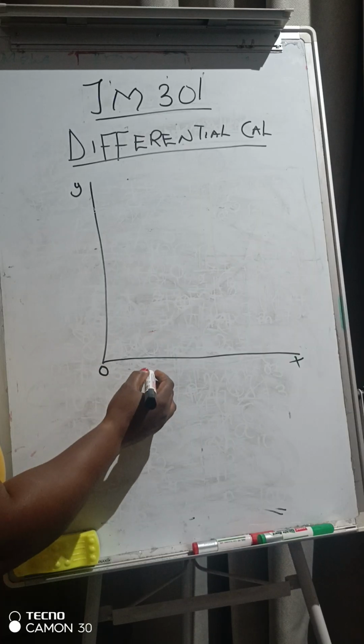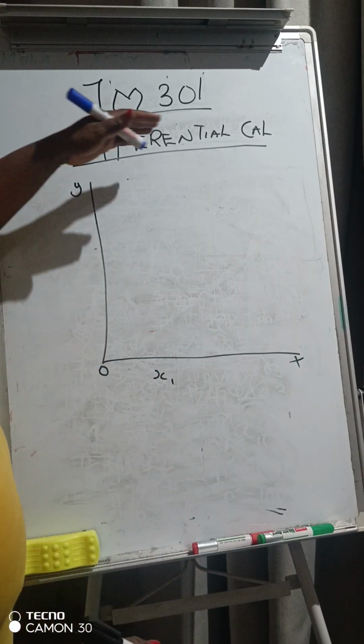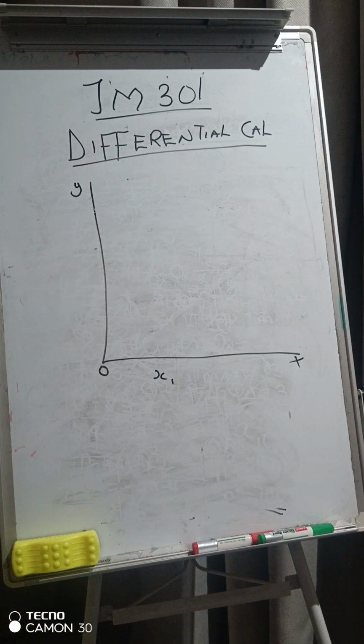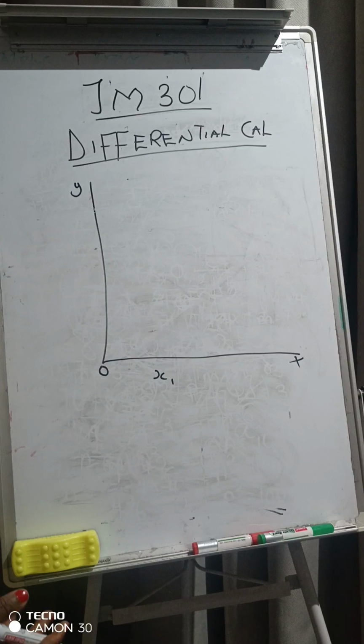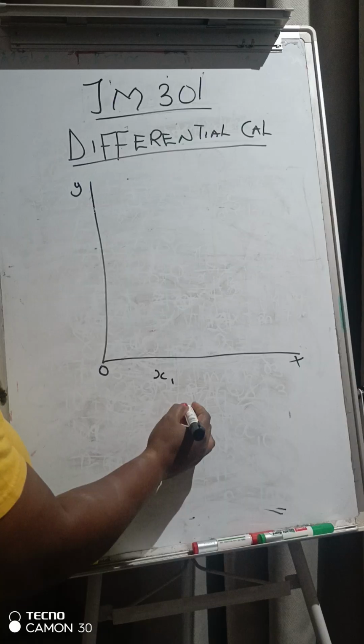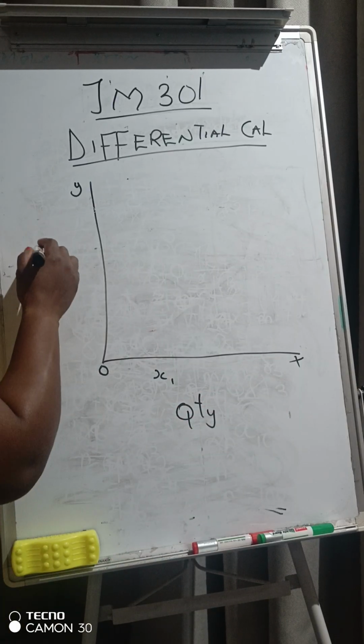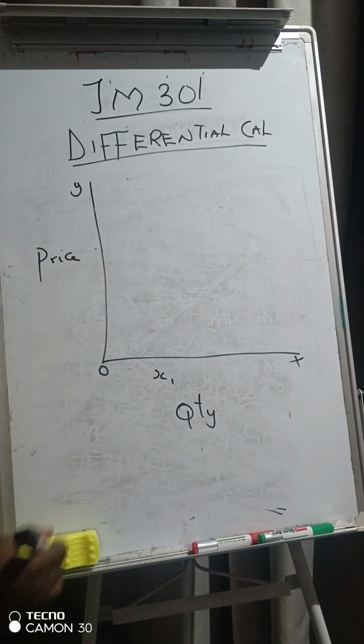And I said whenever there is a change, remember, differential calculus actually represents a real life concept. Changes are occurring on a daily basis, for example, price or income. Now, assume this represents the quantity of goods you buy, and this represents the price.